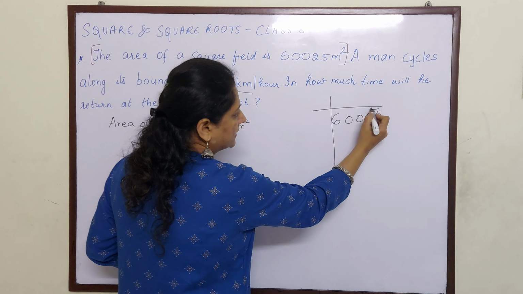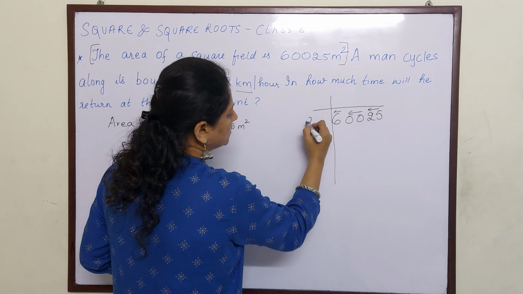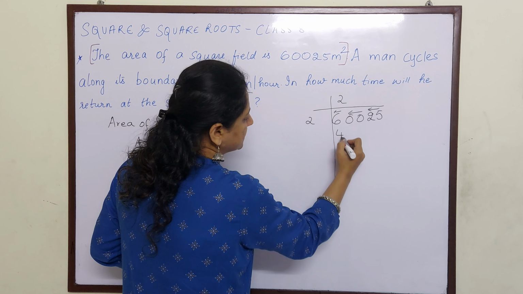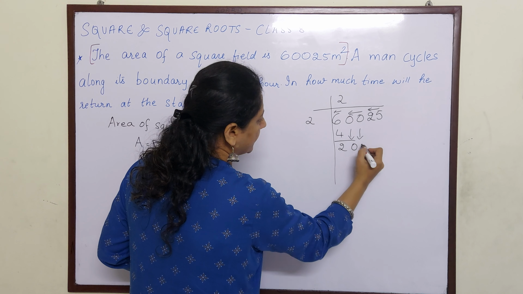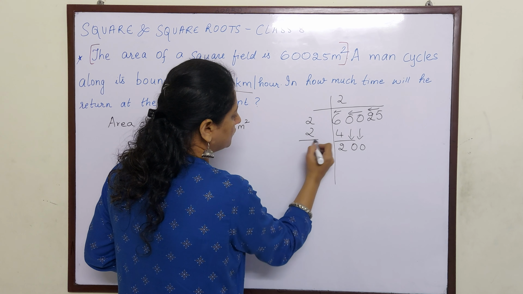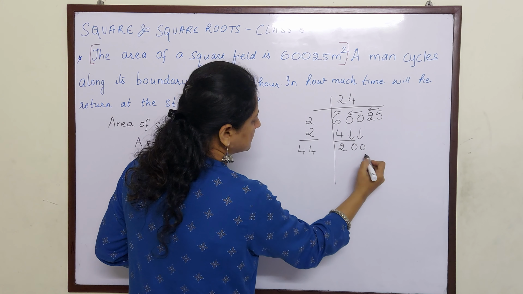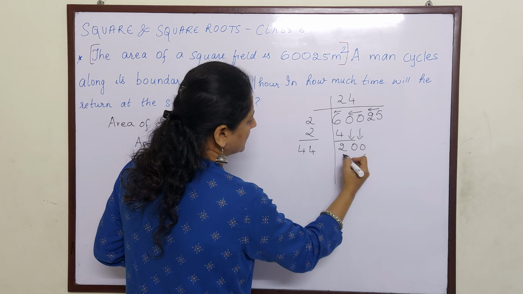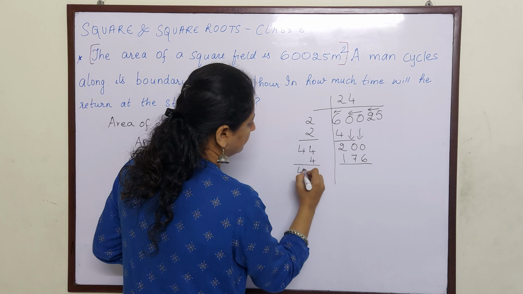So let us take the numbers in pairs. Right, children? 2 2s are 4. 6 minus 4 is 2, bringing down two numbers at a time. 2 plus 2 is 4. 44, 4 4s are 16, plus 1 is 17. And here if I add 4, we will get 48.